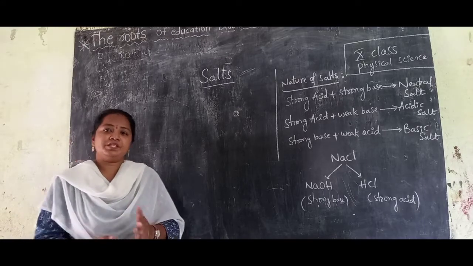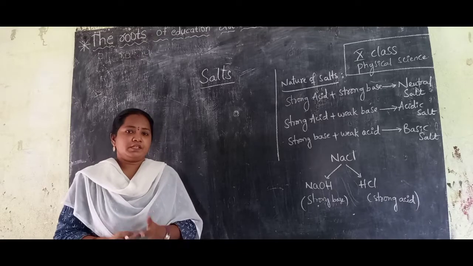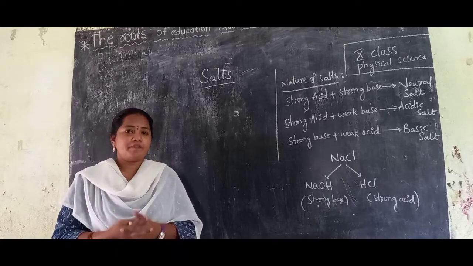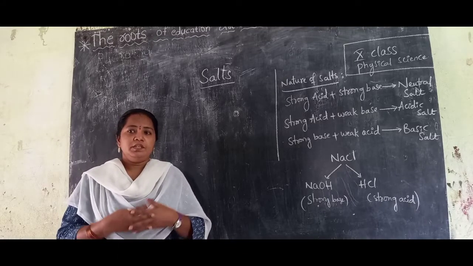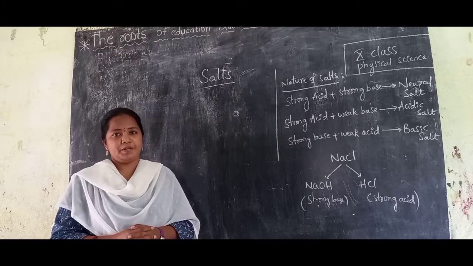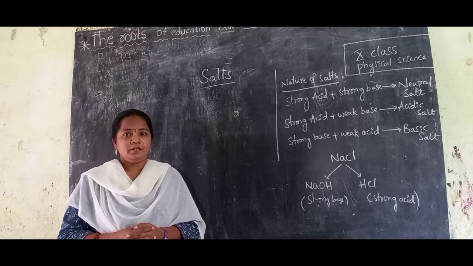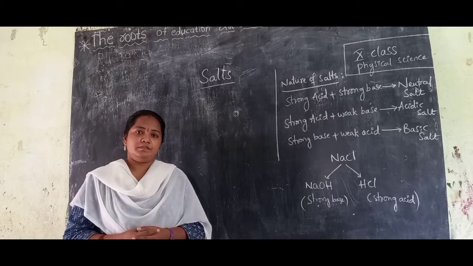So in the previous section, you have already learnt the formation of salt, how the salt is formed. In a neutralization reaction, generally the salt is formed. Along with salt, we also get water. Then what is neutralization?